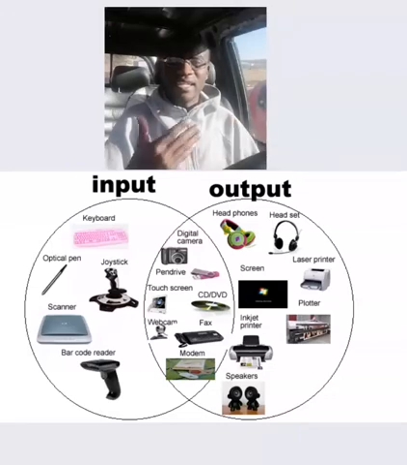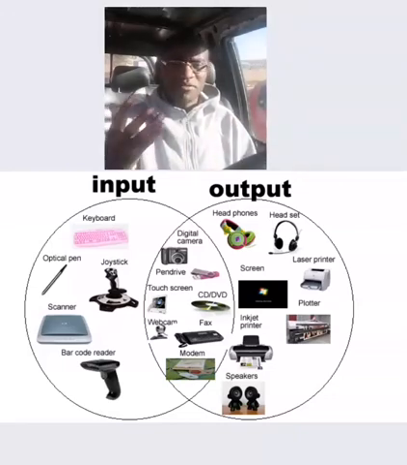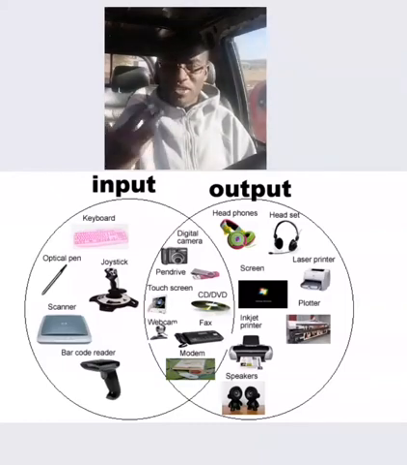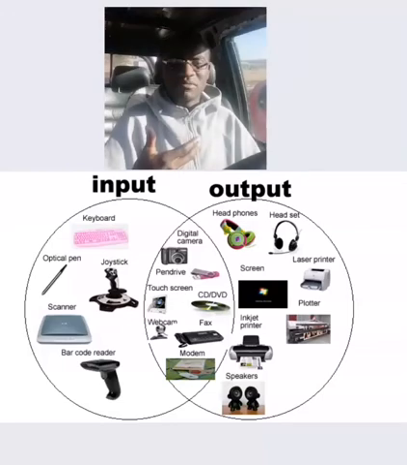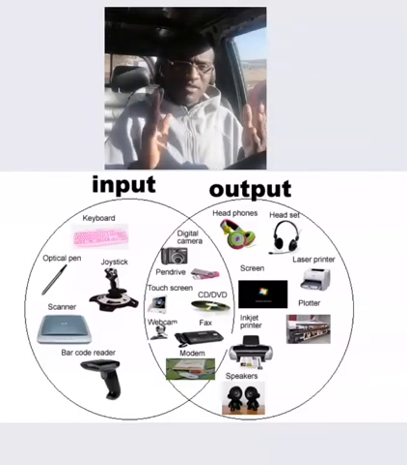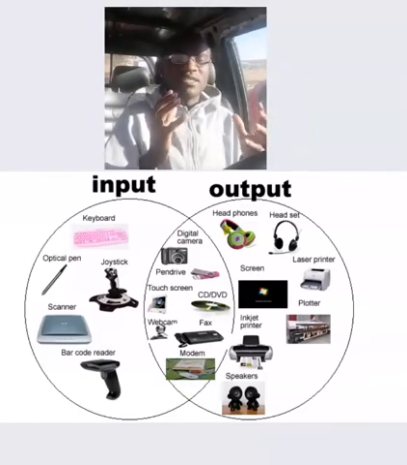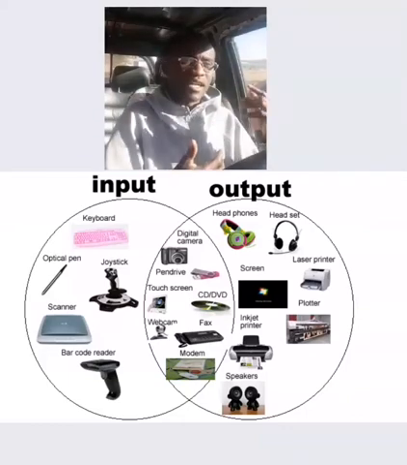And any other device you can think of that takes information from inside an electronic device, a computer, and takes it outside the computer, that's called an output device. But then there are some devices which can act as both input and output.